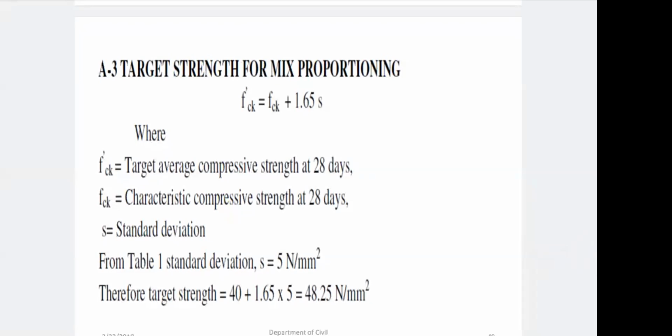As we are designing M40 pumpable concrete, 40 stands for fck, the characteristic compressive strength at 28 days. And what is S? We know that S is 5 Newton per mm square, because for M40 grade of concrete the standard deviation has the value 5 Newton per mm square. Now you can see the target strength 40 plus 1.65 into 5 will give you the f'ck.